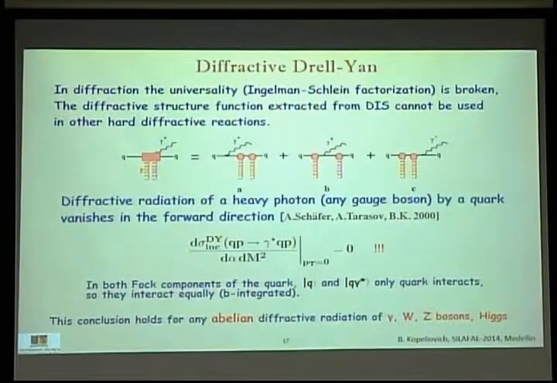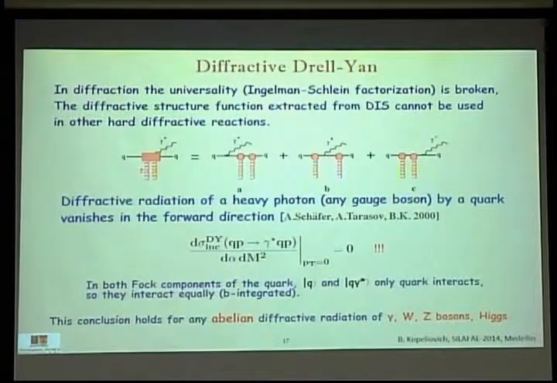For a simple reason. Diffraction was nicely interpreted by Good and Walker many years ago. It has a pretty good intuitive interpretation. You have a wave packet, your initial beam, which is a combination of different Fock components, and you can choose these components to be eigenstates of interaction.